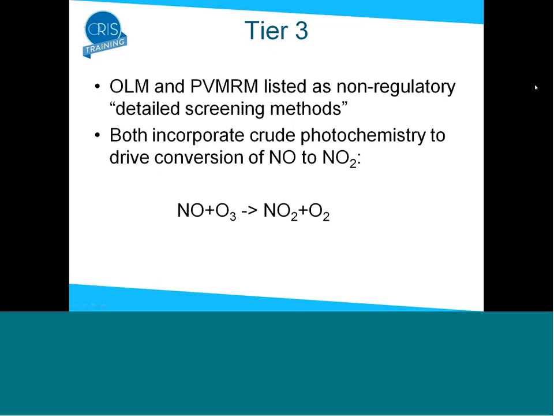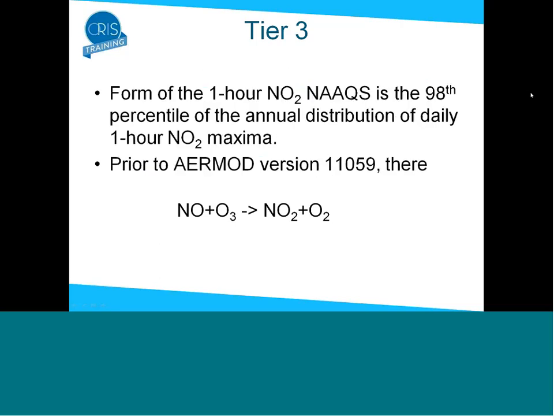Some of it is already NO2. Probably most of it is NO. And so your ambient NO2 concentration would be based upon the NO2 coming out of the stack plus that portion of the NO that's converted by ozone to NO2. Sort of a crude photochemistry type technique.